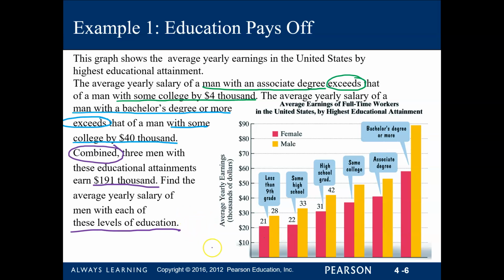Okay, so we have how many levels of education mentioned here? We have associates, we have some college, and we also have bachelors. Okay, so we are looking for three values. Now remember, you cannot have like, oh, this is X, this is Y, this is Z. You cannot solve anything if you have multiple variables.